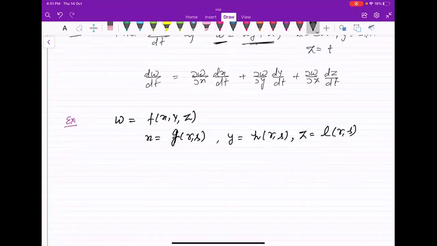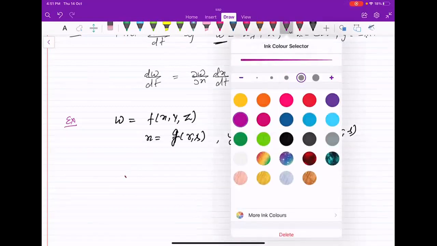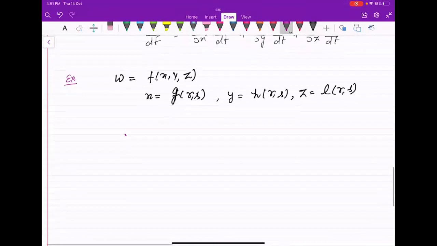As w is the function of three variables x, y, and z, and x, y, z are associated with two independent variables r and s, you can say w is the function of r and s also. Whenever you want to compute del w over del r and del s, you will write partial, because w is the function of x, y, z, and x, y, z are the functions of r and s, two variables.